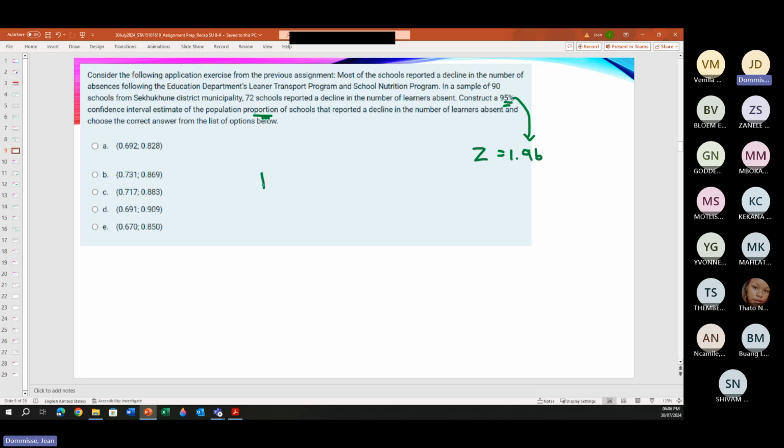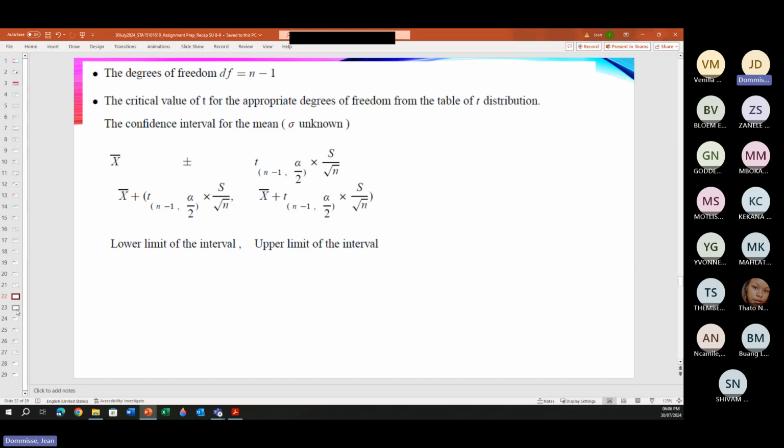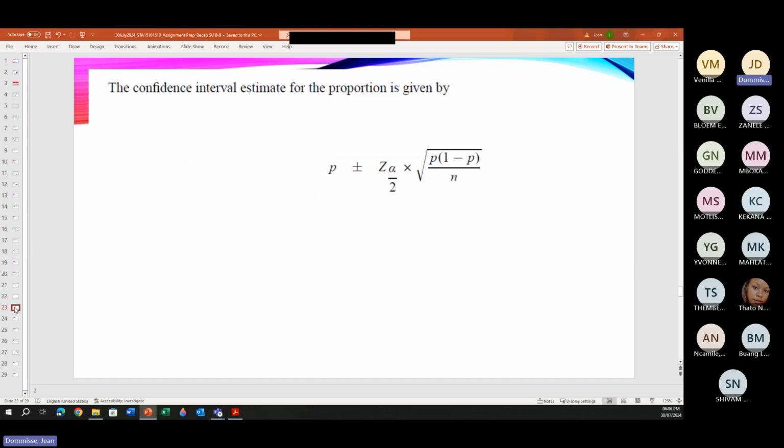Okay, so for proportion, the formula is a bit different. And I don't always remember the formulas. Remember it's open book, so you are allowed to use your book, your study notes, these notes. So that is the formula.